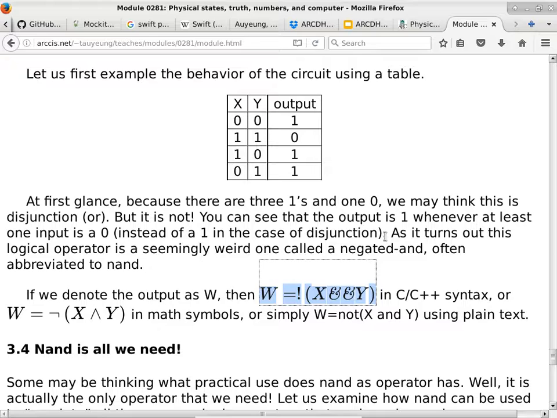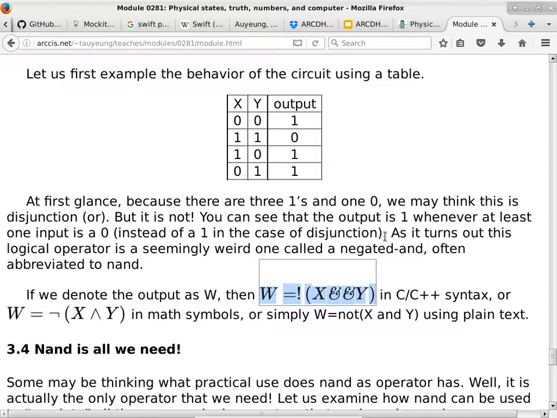So what is so special about the negation of AND? It's just some weird way of using the logical operators, right? Well, as it turns out, it is the only operator that you will need. In other words, if negated AND is available as a single operator in C and C++, you will not need the other operators at all.